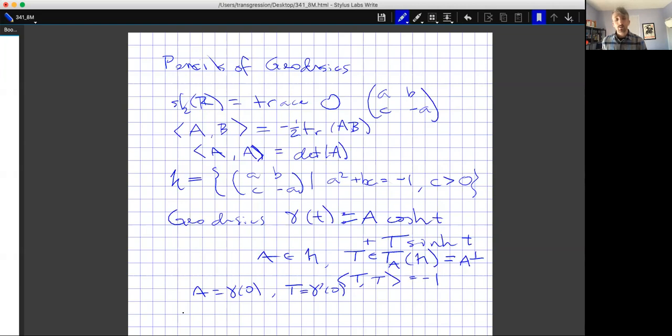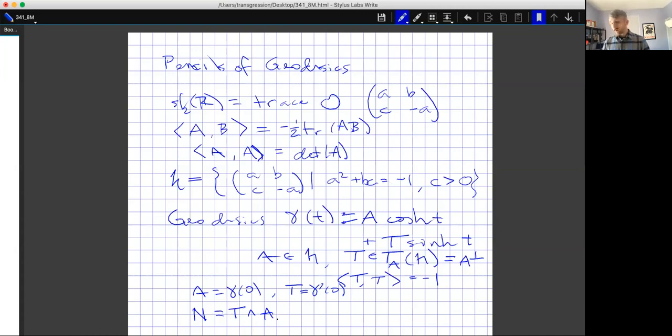And then our big definition, I guess, was that we also had a normal vector, which was given by taking the wedge product of T and A. Of course that looked like this kind of, I was going to say Lie bracket, which is accurate, but anyway, it's this operation where we take 1/2 of T times A minus A times T. And in general, that will be perpendicular to A and T, and it will have norm -1.